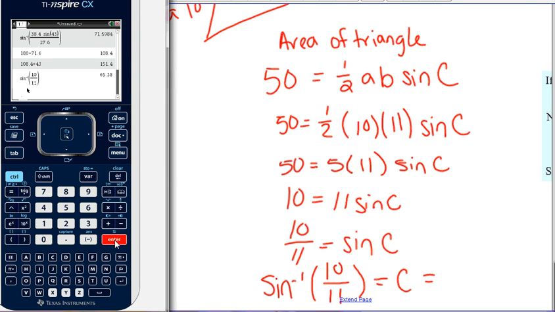Okay, and that's 65.4 degrees. Okay, so that's one solution.